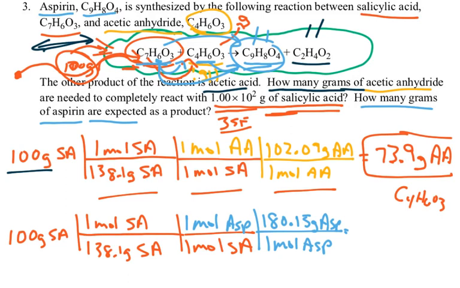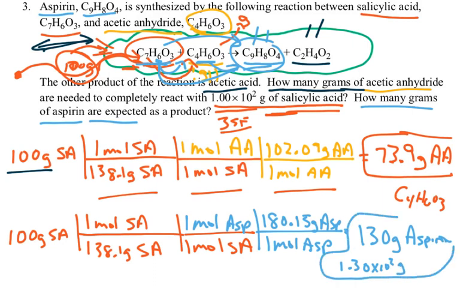Okay, that ends up with 130 grams of aspirin. Might be better to write it as 1.30 times 10 to the second grams. Again, 3 sig figs, that's all you care about. All right? Every single problem you go to do, you'll approach the exact same way. All right. Talk to you soon.